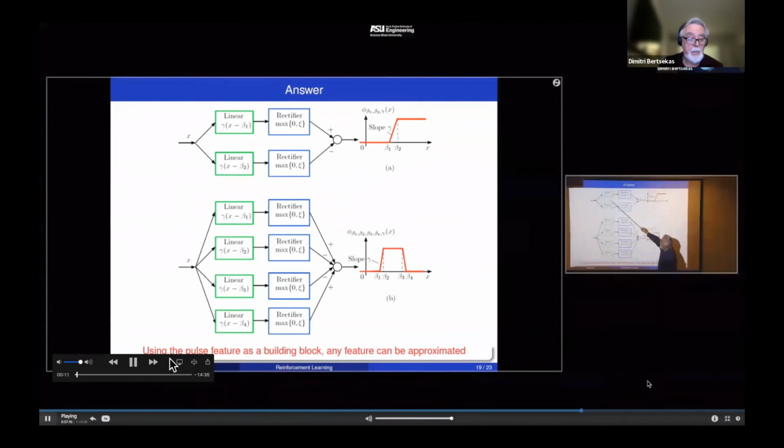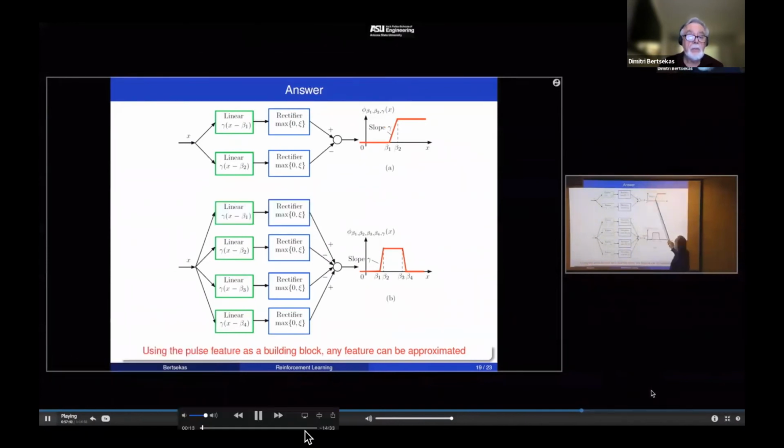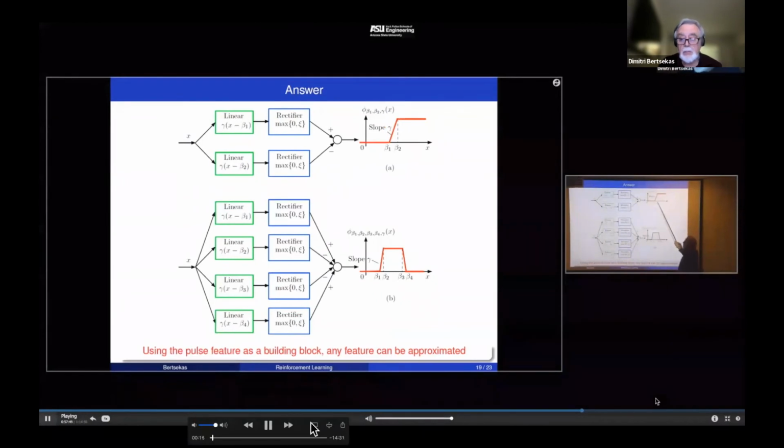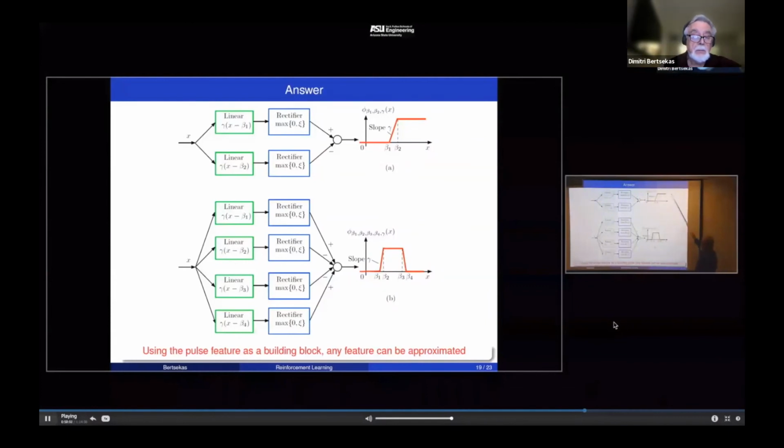And these blocks have the same slope, but a parameter beta 1 for the top and beta 2 for the bottom. And then you subtract them at the output. You multiply them with +1 and -1. And then what you get is this thing here, and at beta 2, the other one kicks in and flattens the slope. So with 2 linear blocks, I can construct a feature like that.